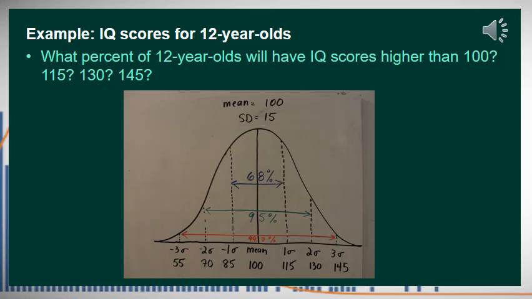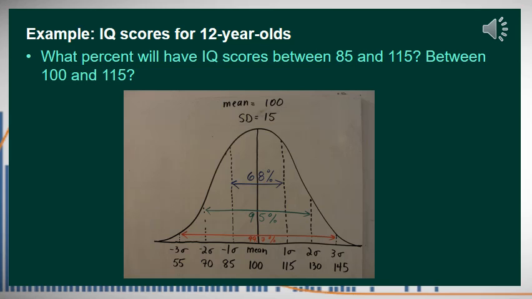And only 0.15% will be above 145. And if you look at the same percentages here, you can see that between 85 and 115 points, you have 68% of kids. And if I want to know how many percent are between 100 and 115, it's 68 divided by 2, it's 34%.